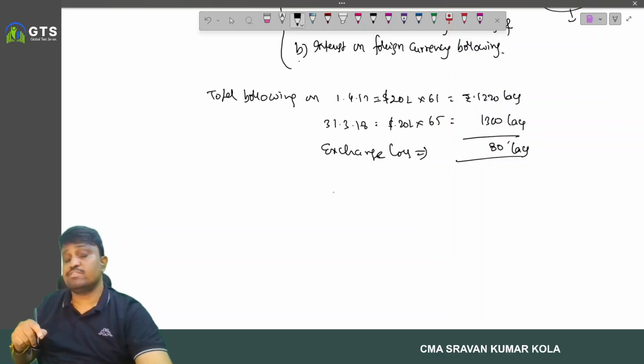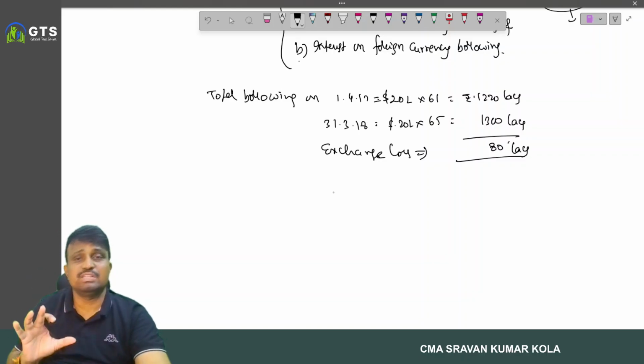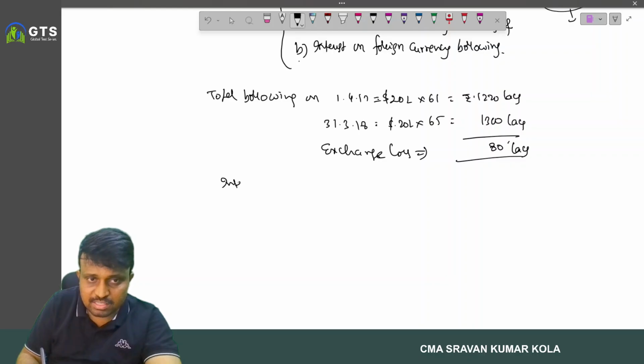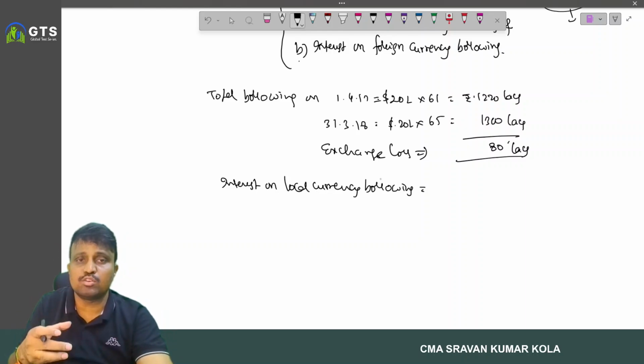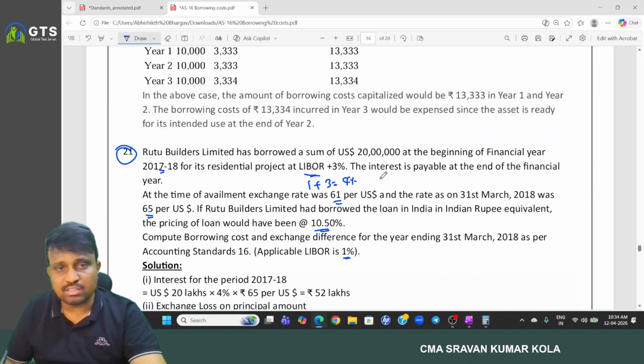Then in case of exchange loss, what I said: to the extent of difference between interest on local currency borrowing and interest on foreign currency borrowing. And what is the interest on local currency borrowing? Local currency borrowing is nothing but the borrowing in Indian rupee equivalent on the date of taking the loan.